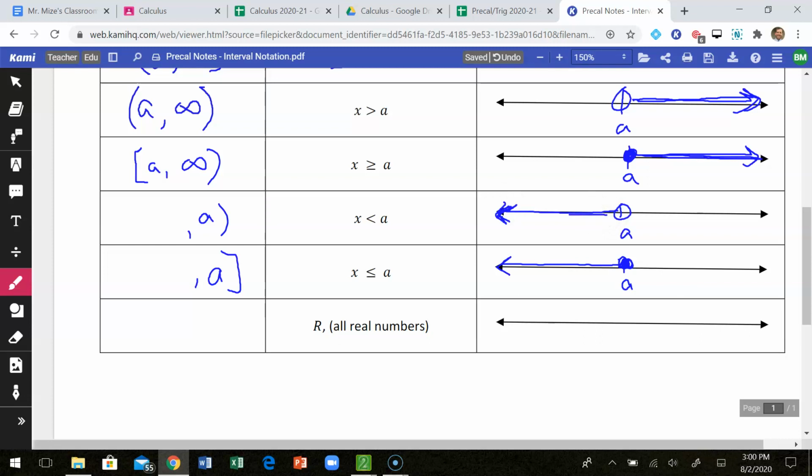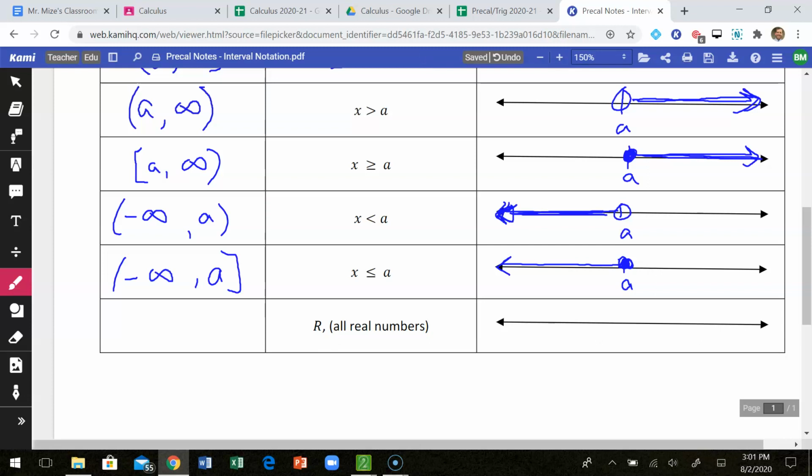Well, if it goes off to the left forever, the very smallest thing, the left endpoint of my solution set, is not infinity, because when you say infinity, you're saying a positive infinity, which is not the case here. It is negative infinity, right? We go off in the negative direction forever, and again, I can't include that, so it's going to be a parenthesis. And then the same thing on the one below that.